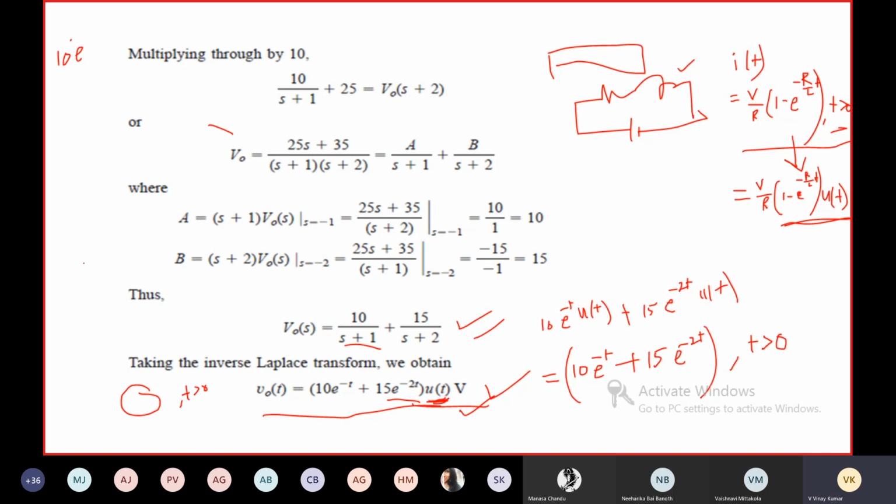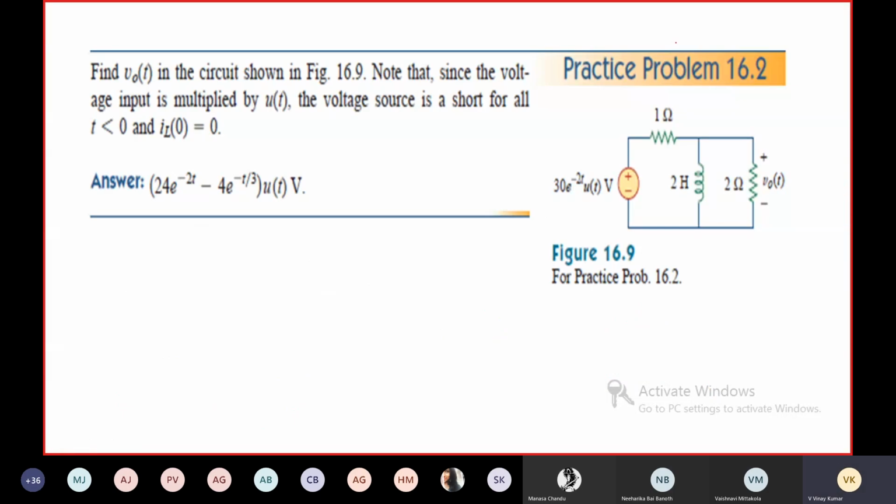Finally this will be in time domain. You can use the Laplace transform technique for this RL circuit. You solve this problem on your own. This is homework.